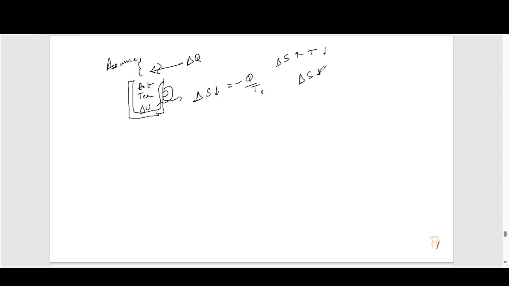Del S decreases, temperature increases. Therefore, Q is equal to del U. Here, let us take T1 as the temperature here and T2 as the temperature outside. Therefore, T1 is greater than T2.